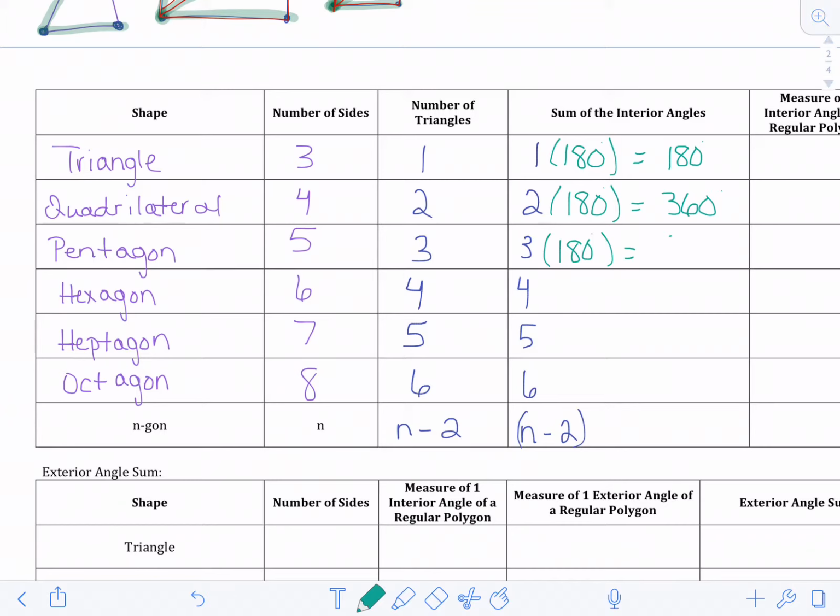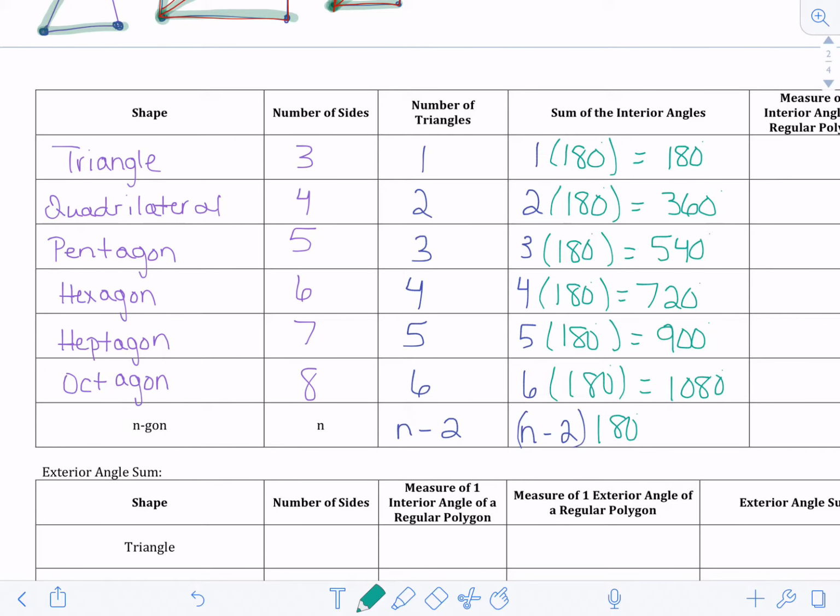So here this would be 540. 4 times 180 is 720. 5 times 180 is 900. 6 times 180 is 1080. And then here when you have n minus 2, you just multiply that by 180 degrees.